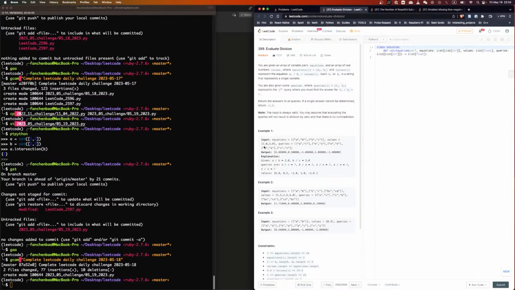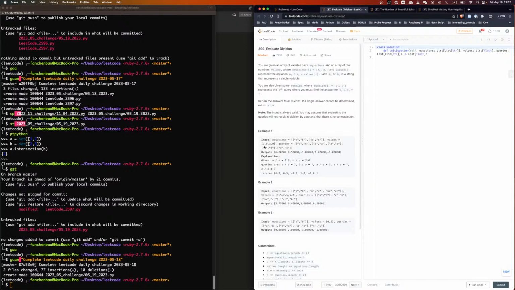So B and C, we need to group them together. So we find which one is the root. And when we find the root, B is the root. So when we group them together, C the value is not 3, right? Because B is the root, because we set B to be 1.